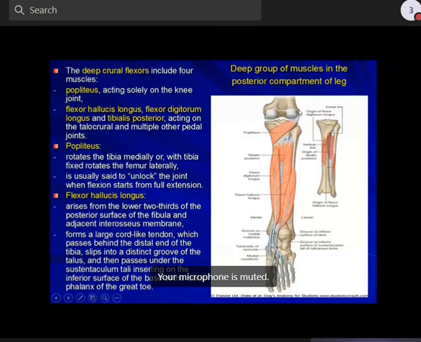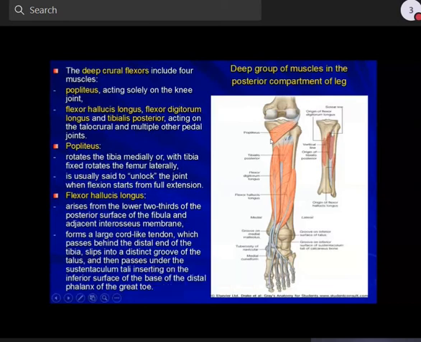It descends, passes medially and inserts onto the medial tibial condyle. It's the very first muscle to participate in flexion of the knee, genuflexion. So we can say that it unlocks genuflexion.